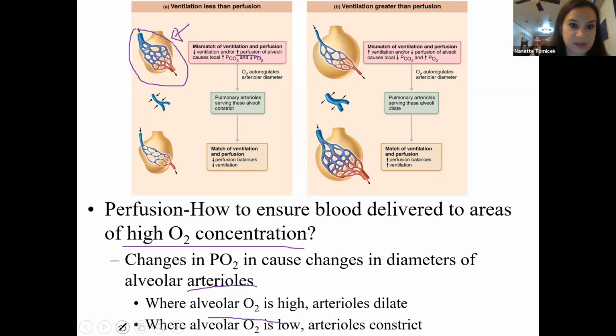So let's say this is a situation here where we didn't have adequate airflow and we had this big old capillary bed that was very vasodilated. We can simply adjust and match here. What we'll do is constrict part of that capillary bed with some precapillary sphincters. We'll shut off a little bit of the blood flow so that there's less blood moving through there or it's moving at a slower rate, and then we can match up our ventilation and our perfusion.